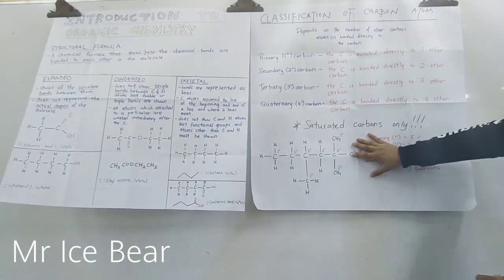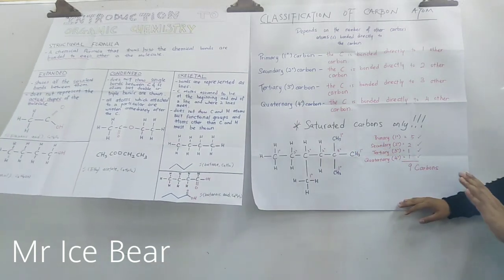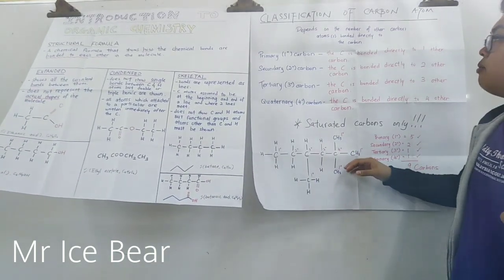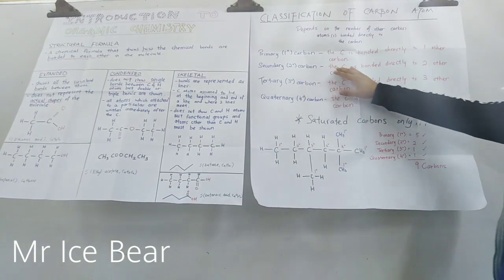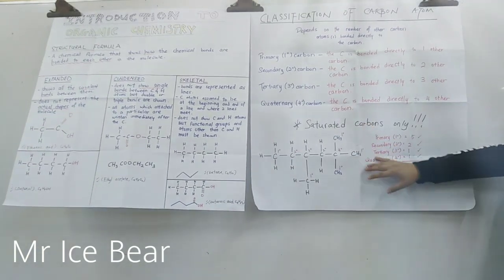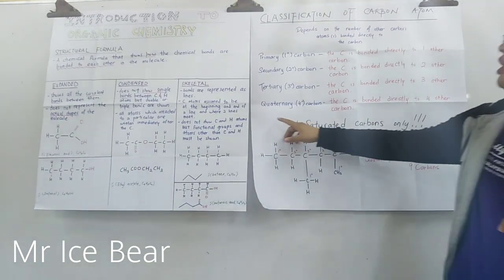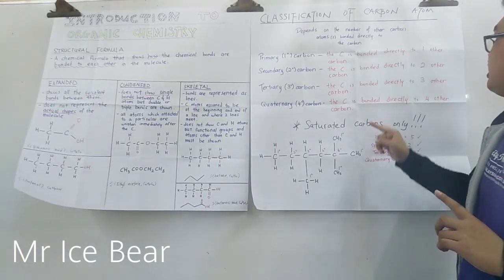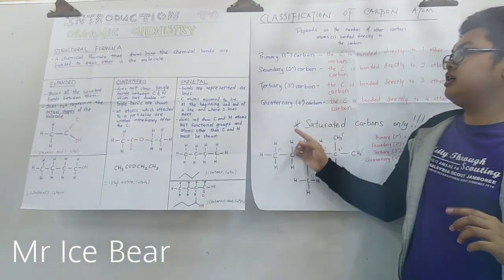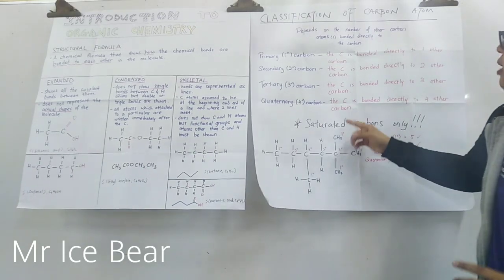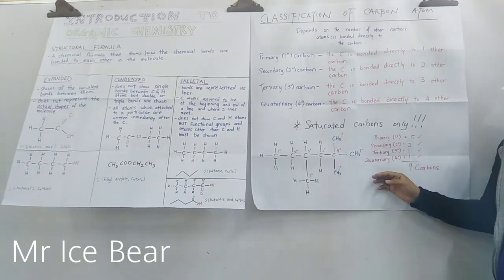Okay, so first, here are the definitions. We need to know 4 things. Primary carbon, the carbon is bonded directly to one other carbon. Secondary carbon is the carbon bonded directly to 2 other carbon. Tertiary carbon, the carbon is bonded directly to 3 other carbon.